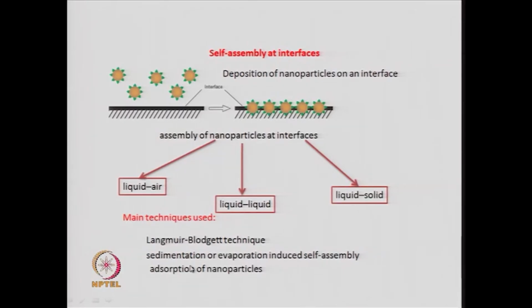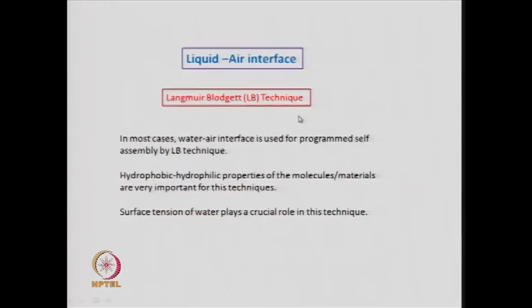Then you can have sedimentation or evaporation induced self assembly. Then you can have adsorption of nanoparticles on a surface. So, there are different types of techniques one can use to make ordered assemblies of nanoparticles at interfaces.